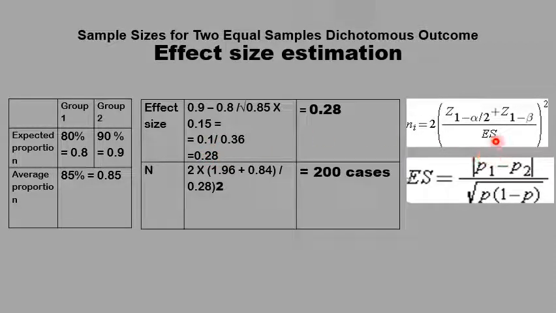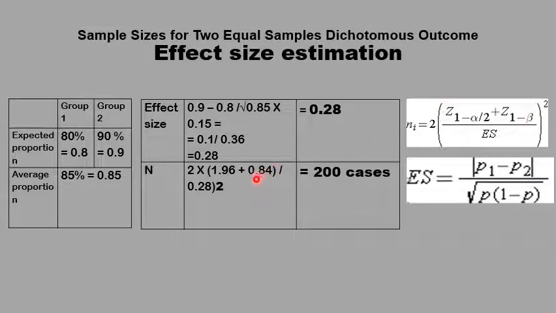We plug this in here, and then this will be the z-score corresponding to the chosen level of significance for a two-tailed test, and this will be the z-score corresponding to the level of the power for 80% power.